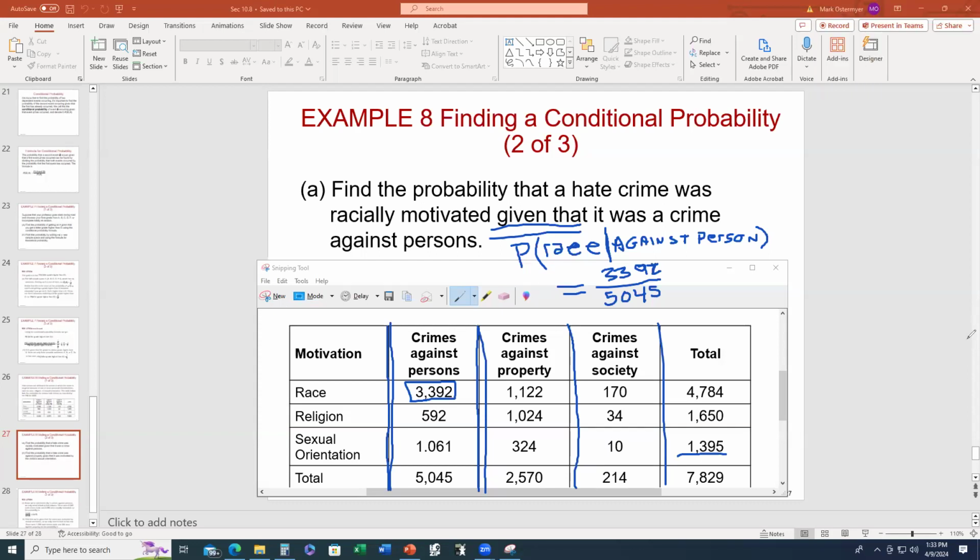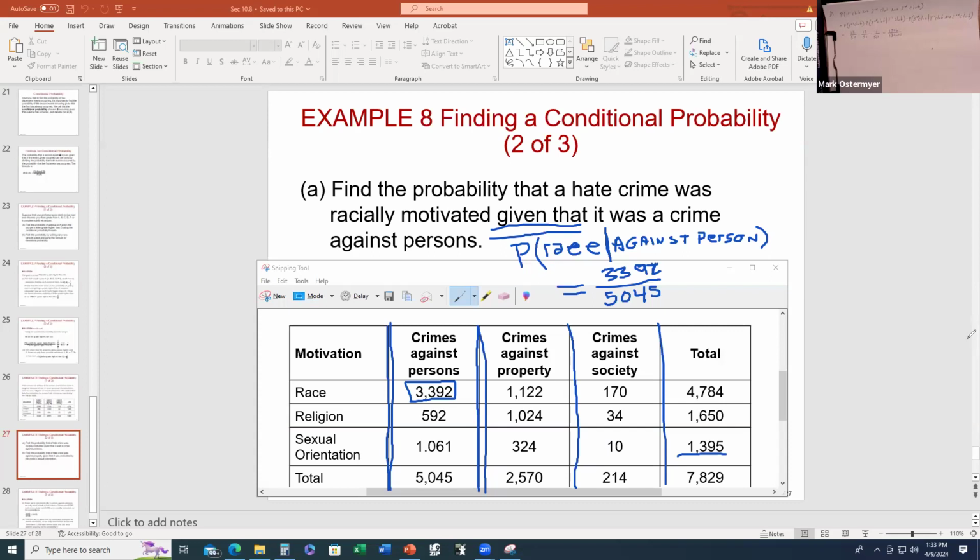Given that a crime was racially motivated locks us into what row or column? The first row. Given that, what then would be the probability it was against society? 170 over 4,784. That's right.